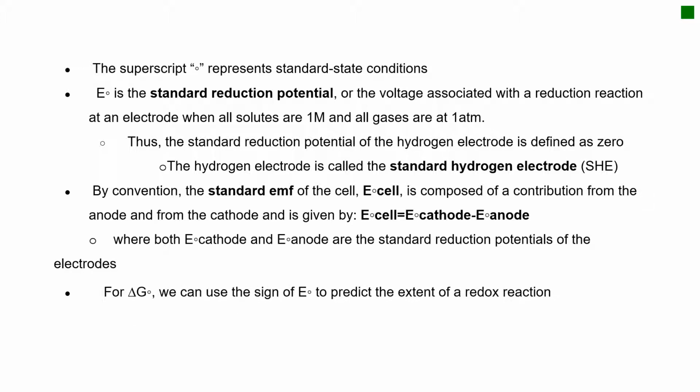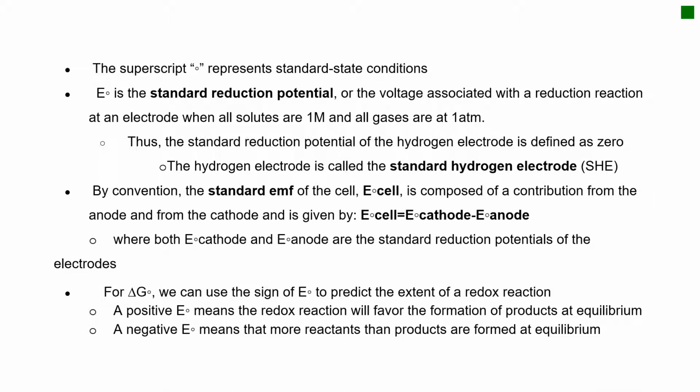And here for delta G, we can use the sign of the standard EMF to predict the extent of a redox reaction. A positive E means the redox reaction will favor the formation of the product at equilibrium, but a negative E means that more reactants than products are formed at equilibrium.